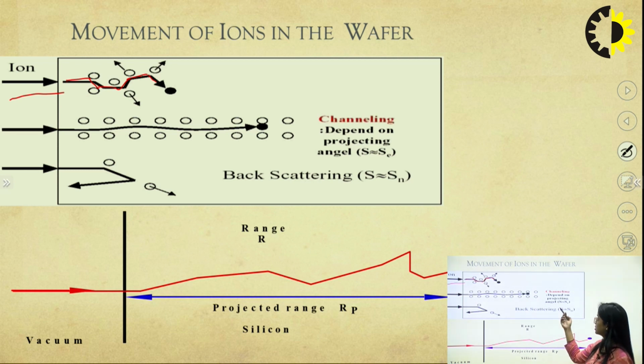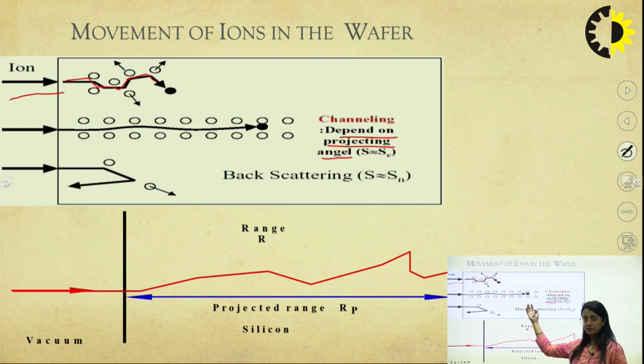Sometimes it happens that we are projecting at a particular angle so that channeling occurs, means less and less collision is occurring, the collision of dopant is very less, and we reach almost to the mid of the lattice.